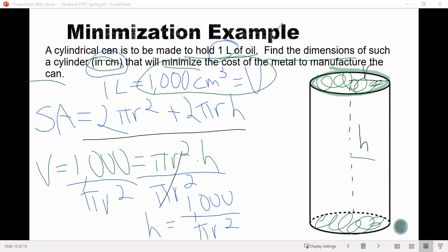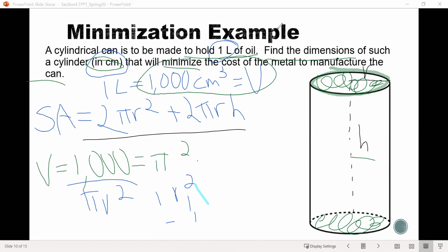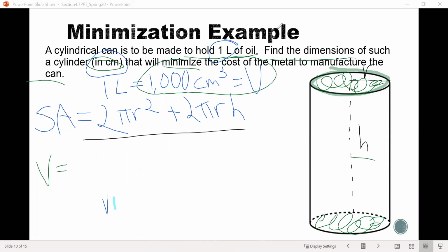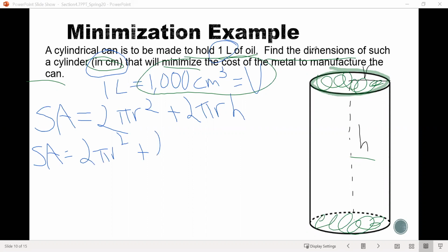Okay, and now we can take that and plug it in for h up here. So our formula is about to get a whole heck of a lot more fun. So we have 1,000 over pi r squared. Our formula will now become the surface area is equal to 2 pi r squared plus 2 pi r times 1,000 over pi r squared.